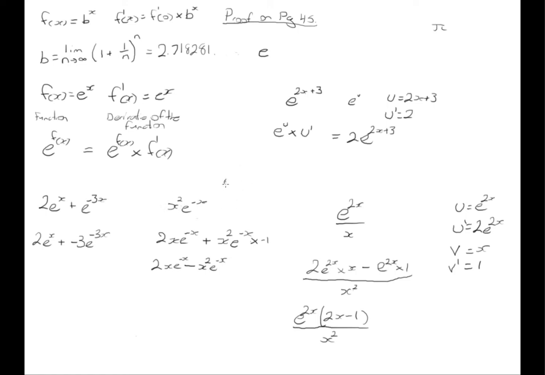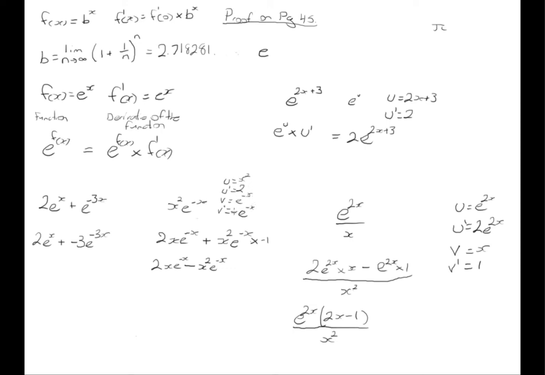Well, in this case, u is equal to x squared and u dash just equal to 2. V is equal to e to the power of minus x, and v dash is just equal to minus e to the power of minus x.